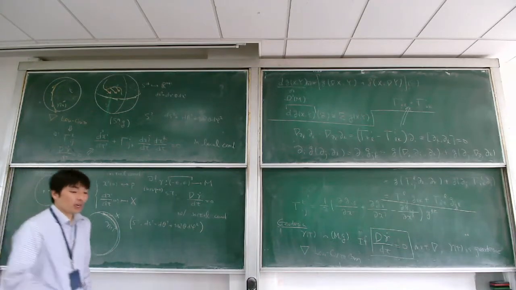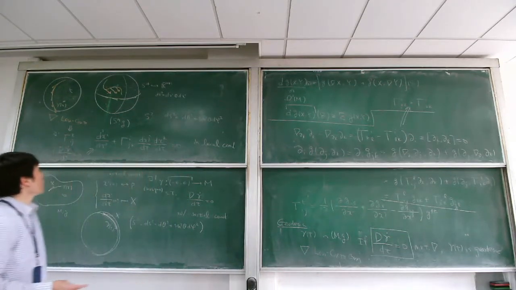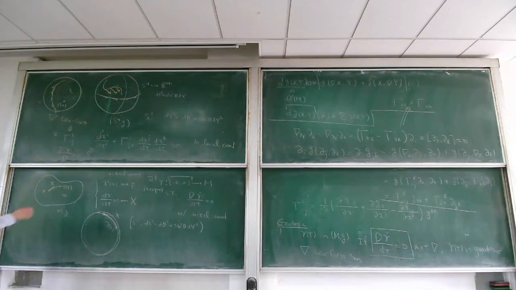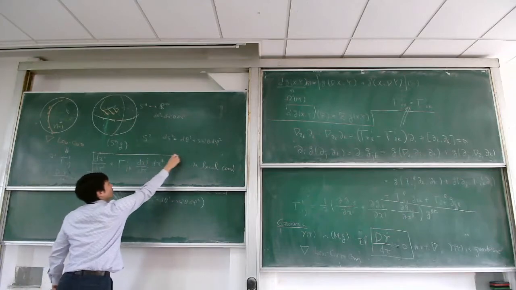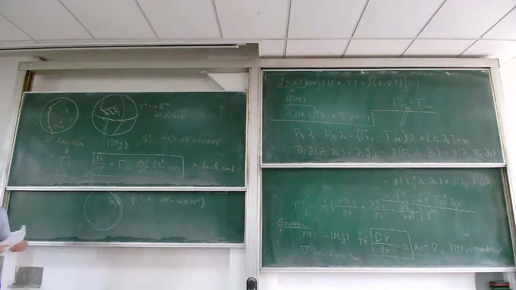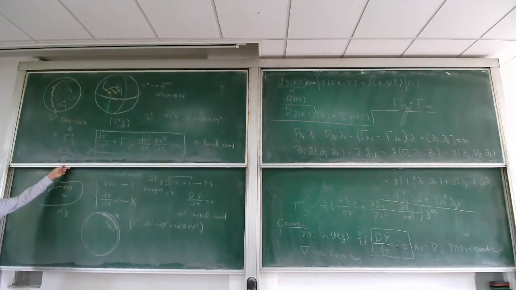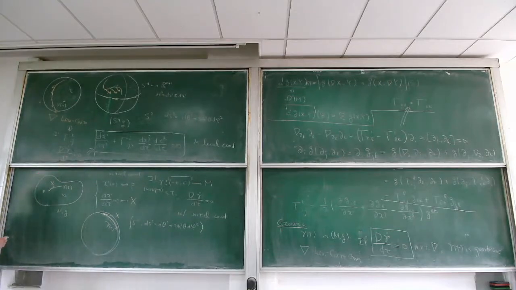And indeed, if you learn GR, to derive this condition, this is the equation for the geodesic. This geodesic is indeed the Euler-Lagrange equation of this action.